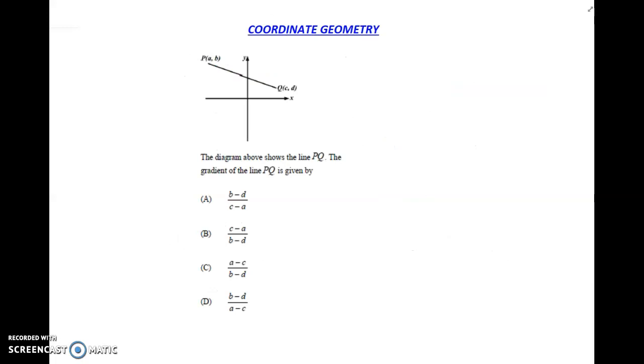Alright, our next question. The diagram above shows the line PQ. The gradient of line PQ is given by... So first thing you need to know, how do you find the gradient? Gradient, this is one of the formulae you need to remember, right? So gradient is y1 take away y2 all over x1 take away x2.